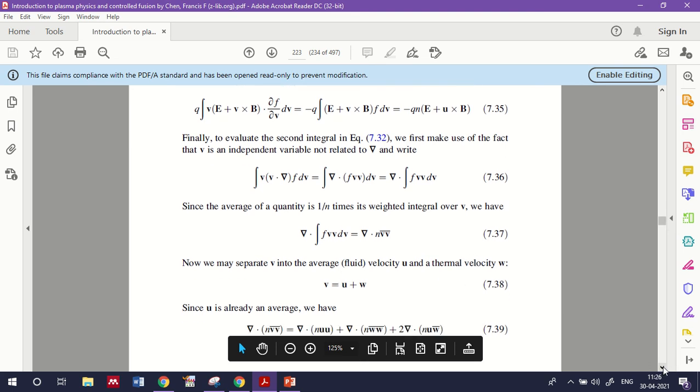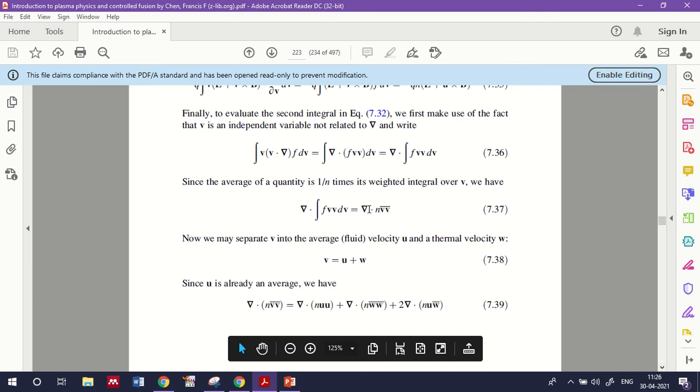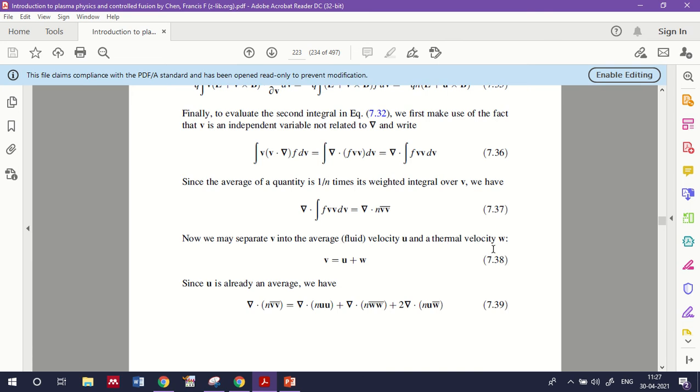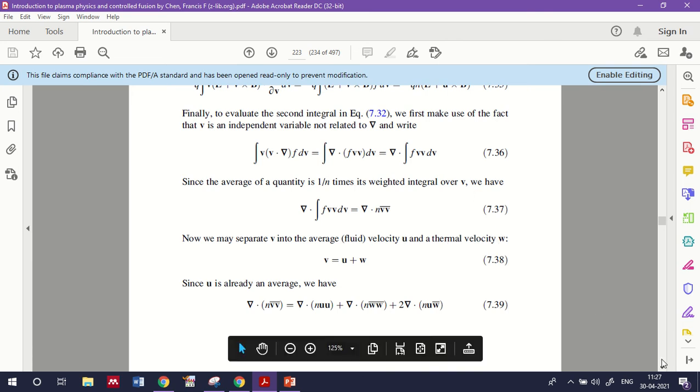When you substitute that into del dot n v bar, you will get del dot n v bar is equal to del dot n u plus del dot n w bar plus 2 dot n u w. Okay, so this is how we expand the term del dot n v bar, where u is the fluid velocity and w is the thermal velocity of the particles in the plasma.